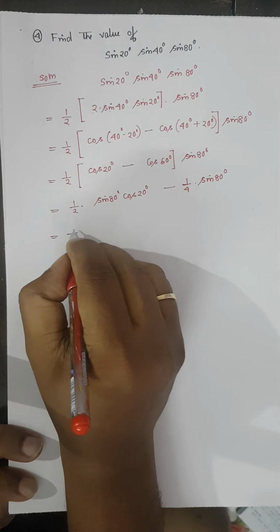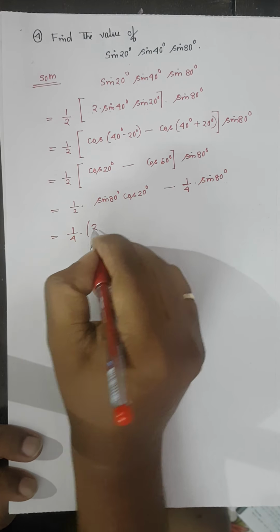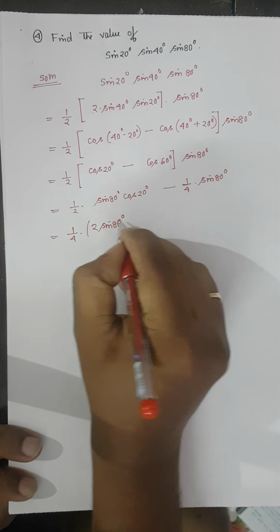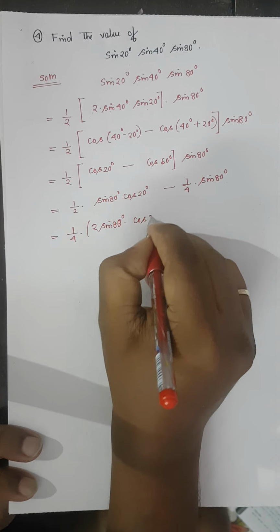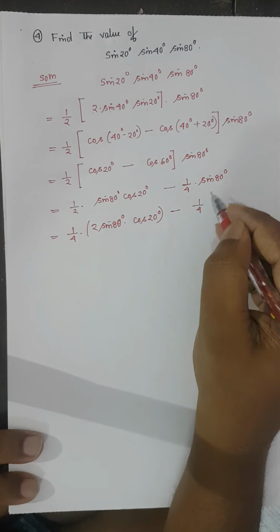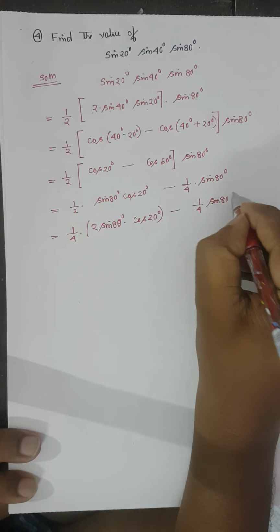Now again multiply by a 2 here. I will write 1 by 4 into twice sine 80 degree into cos 20 degree, minus 1/4 of sine 80 degree.